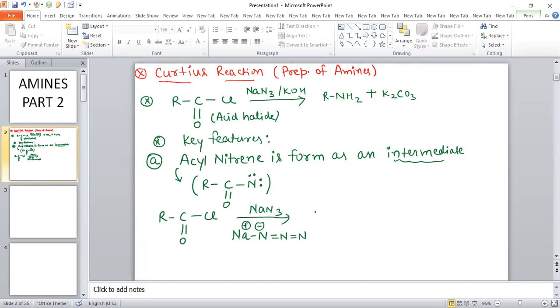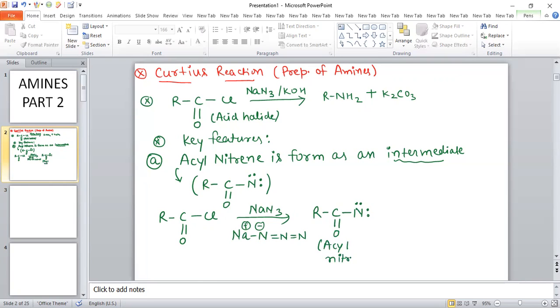The acyl group is RC double bond O. So first of all, acyl nitrene is formed.